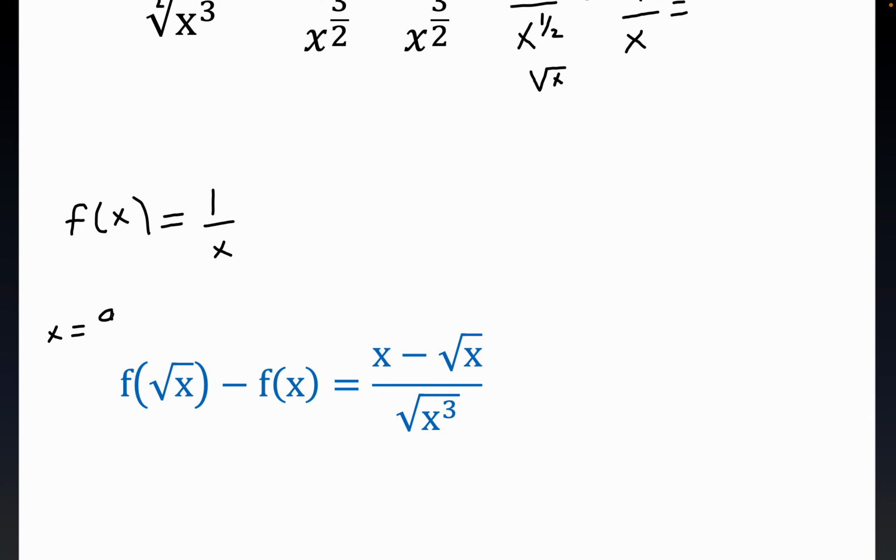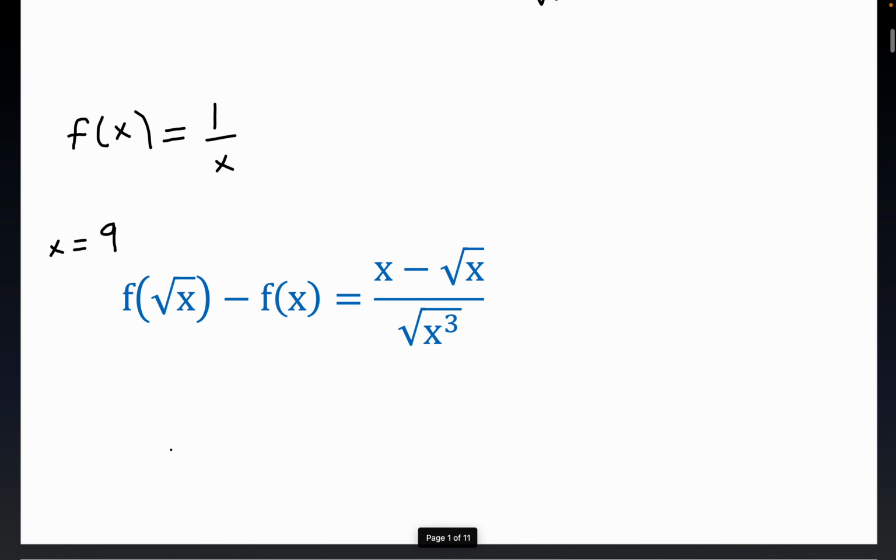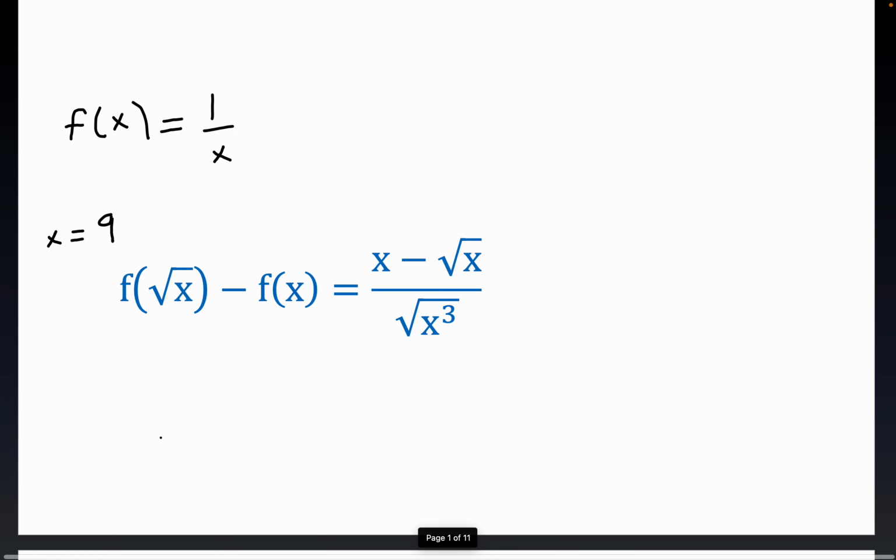So this would be 1 over the square root of 9, and this would be 1 over 9, right?